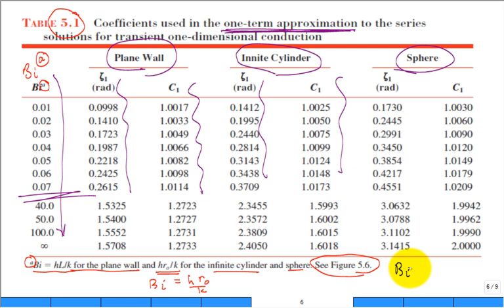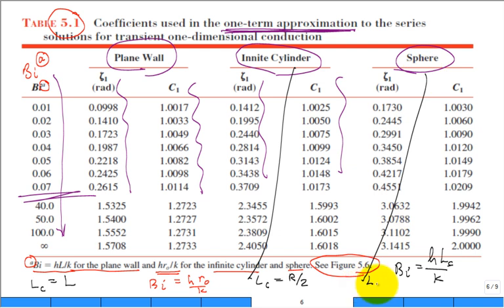The Biot number is equal to h L sub c divided by k, where L sub c for the plane wall is the half thickness L. L sub c for the cylinder is r over 2. L sub c for the sphere is r over 3. Right? You then check, it's not justified. But you already calculated your Biot number.